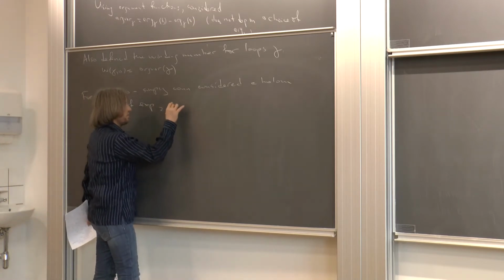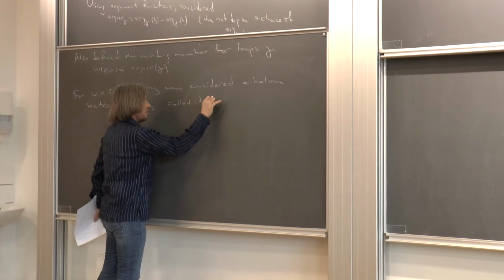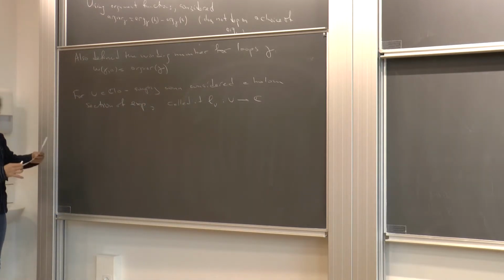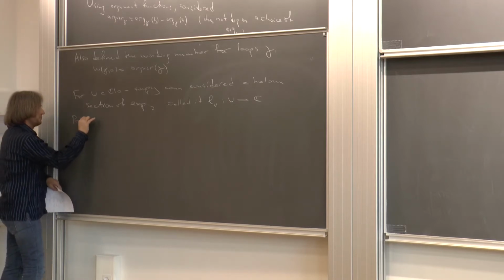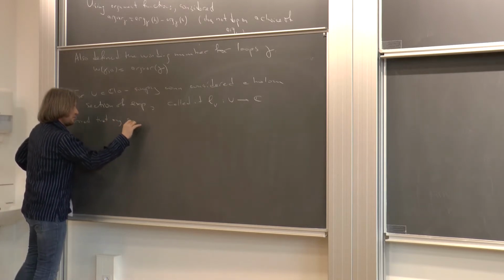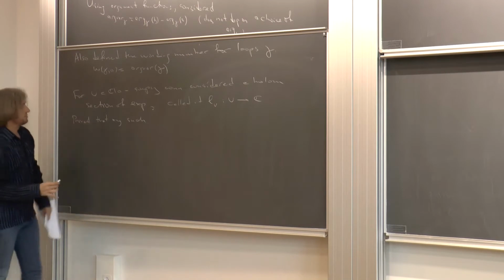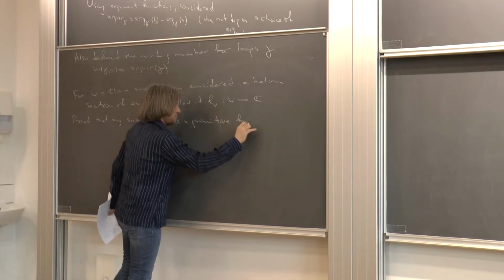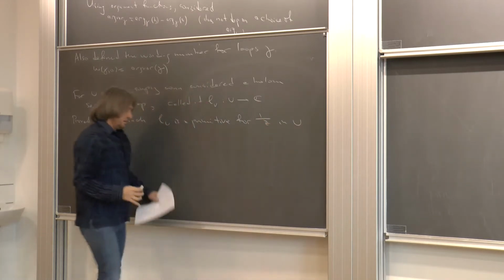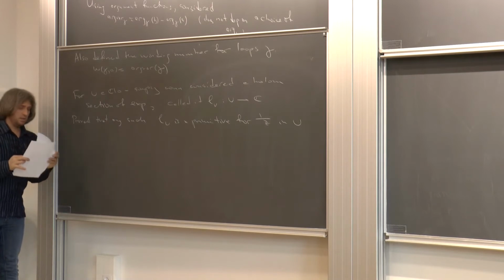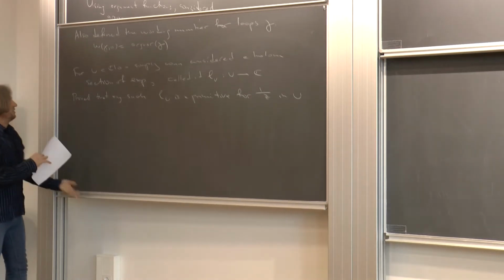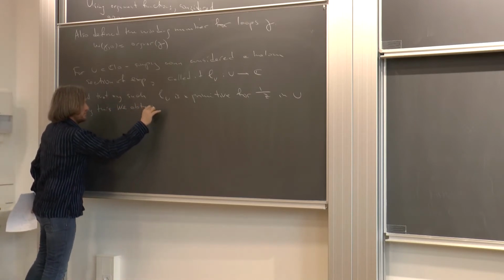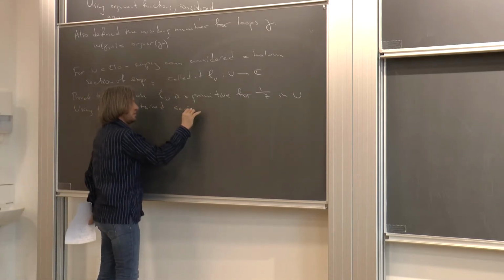So we call it a logarithm depending on U. And we proved that any such logarithm is a primitive for 1 over z in U. In particular, using this, we obtain a series for logarithm.